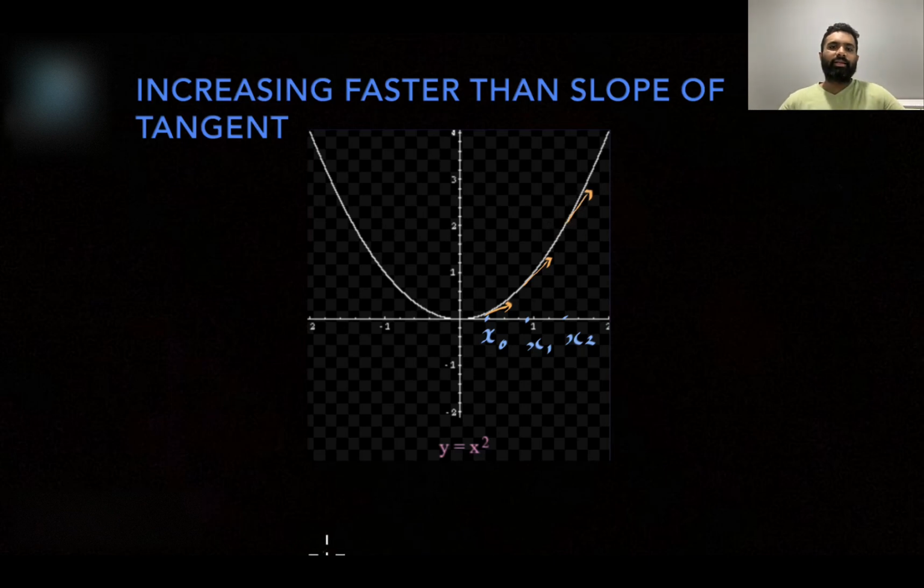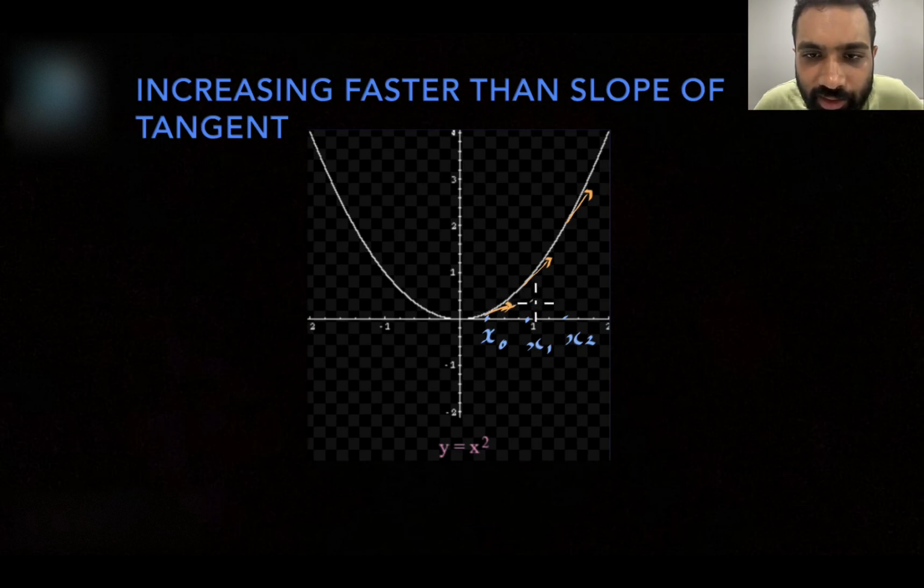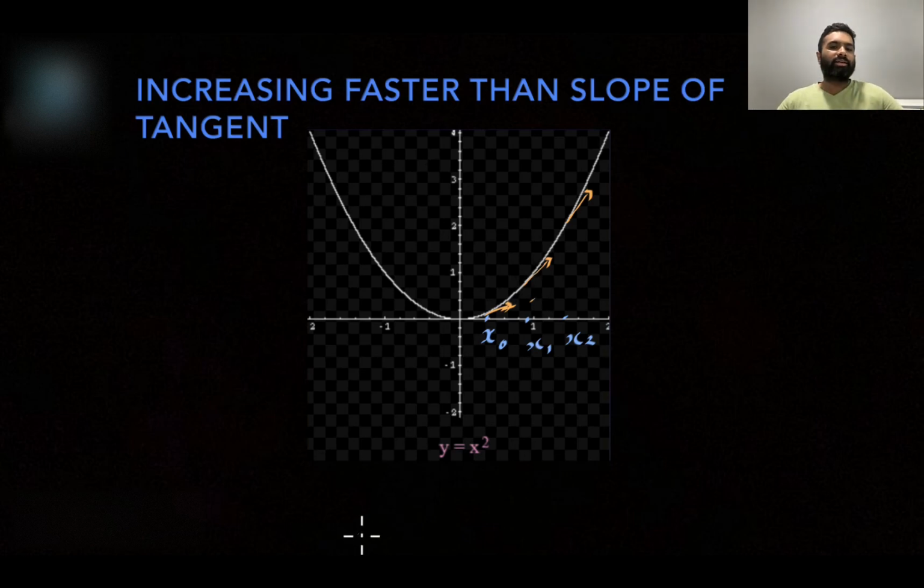Now what it is saying is that the function value at x1 will be greater or equal to f of x0 plus x1 minus x0 times f prime of x0. So if I draw a line which is approximating this function value, and compare with the actual function value, there will be a certain difference, and the function value will always be larger.